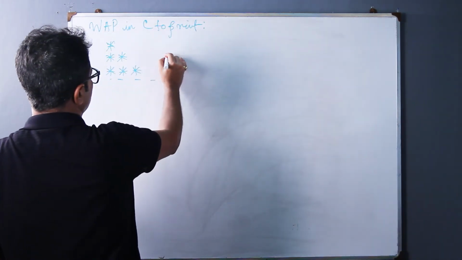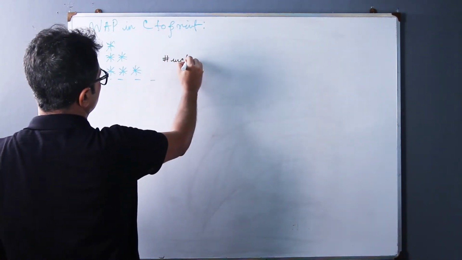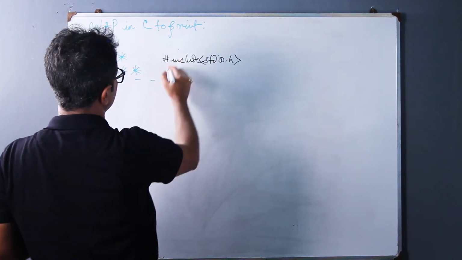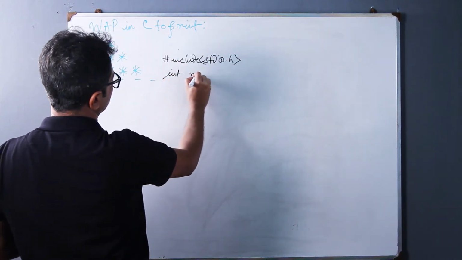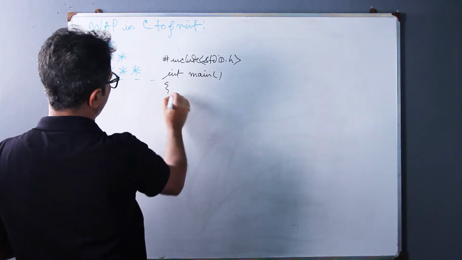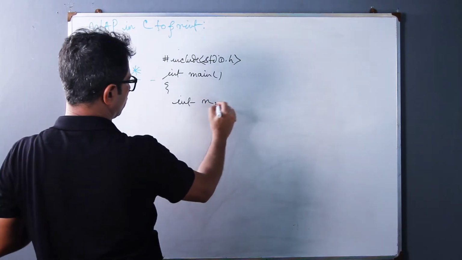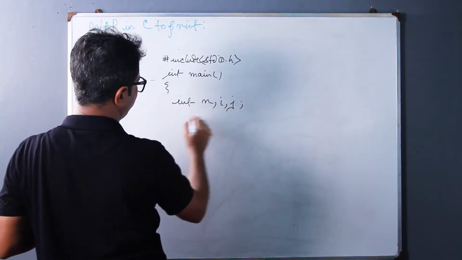Hash include stdio.h, int main. Now we come to the variable declaration. n will be the number of rows, i and j are the loop variables.